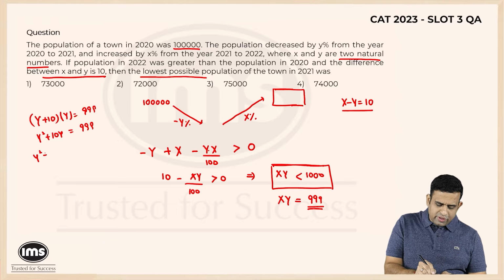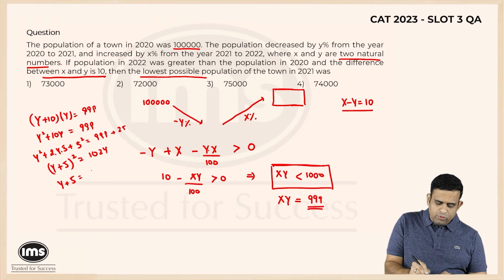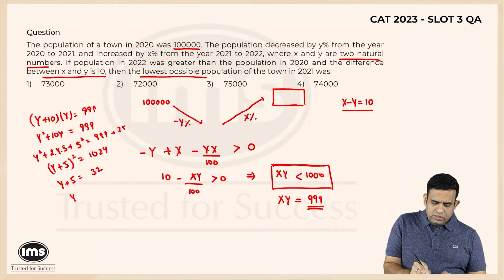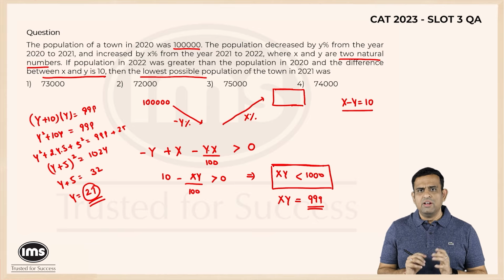So Y square plus 2 into Y into 5, so add 5 square on both sides. 999 plus 25, (Y plus 5) whole square equals 1024. So Y plus 5 would be equal to 32. So the value of Y becomes equal to 27 over here, and that's the largest possible value of Y as a natural number which one can take.